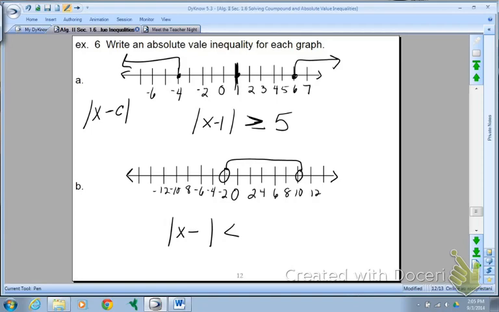And notice we're counting by 2's here. So 2, 4, 6, 8, 10, 12. What's half of 12? 6. So 2, 4, 6. So the 4 is the center. Do y'all agree with that? So it's always x minus the center, so x minus 4. And then how many places did we have to go in each direction? 6.